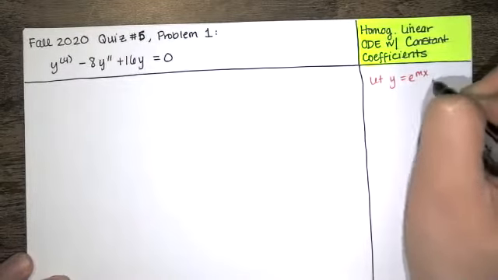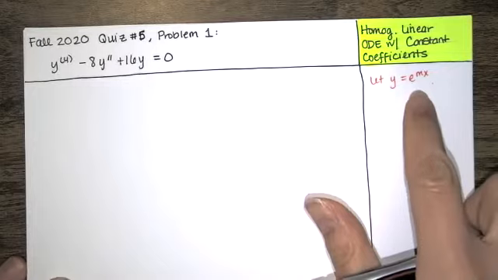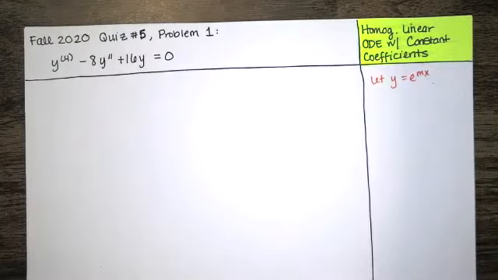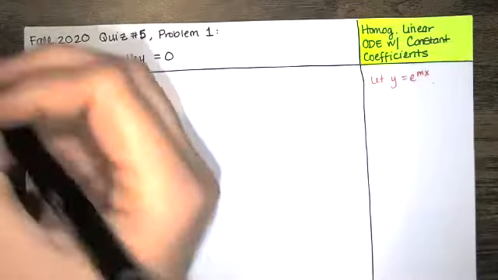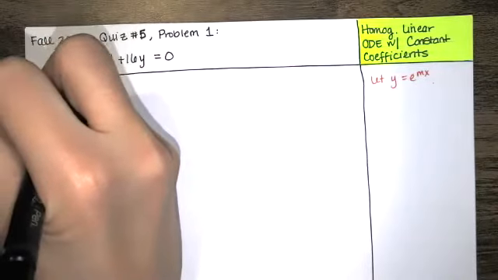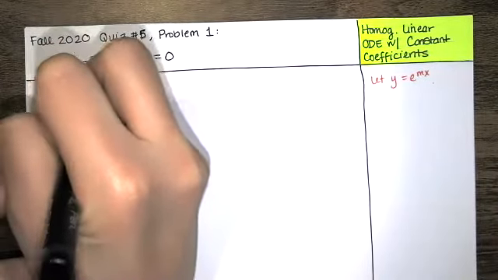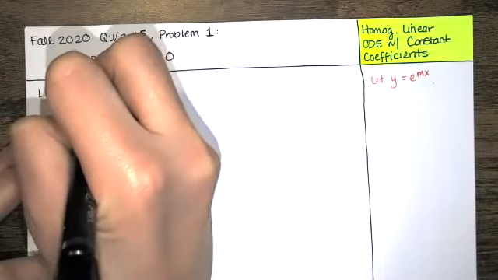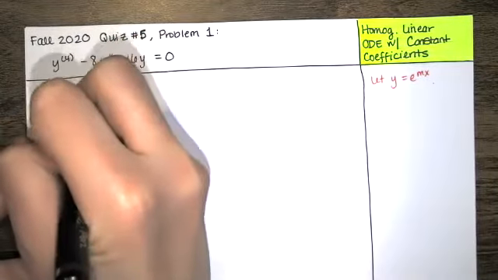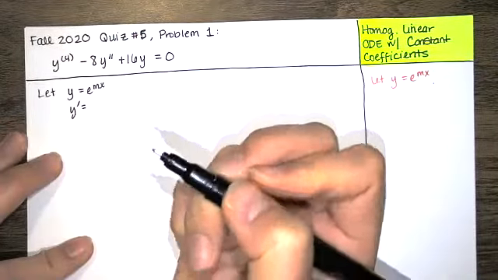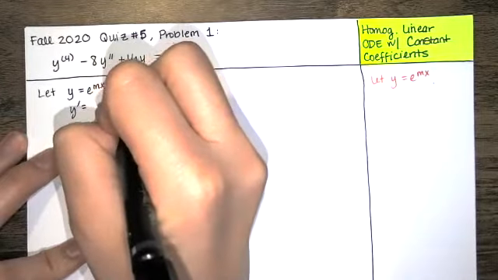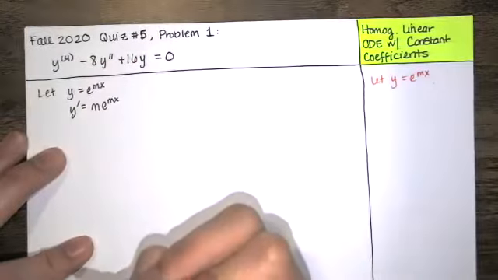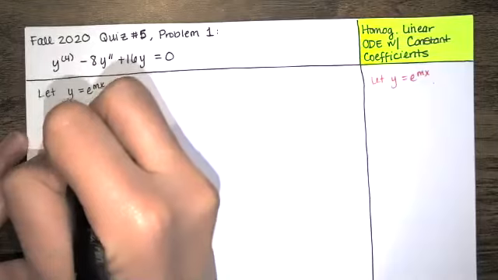And then find the values of m that cause this function to satisfy that differential equation. Since it's a fourth order differential equation, we'll compute the first, second, third, and fourth derivatives of this function. The derivative of e to some power is e to that power times the derivative of the inside by the chain rule. So you end up multiplying by an m.